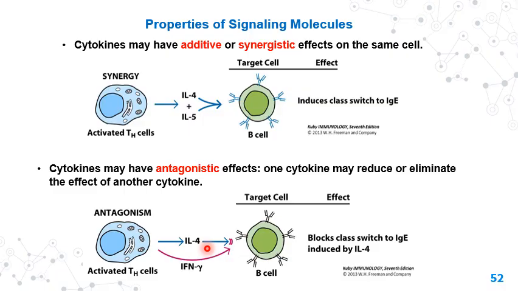Yes, negative. If you have both signals available, the negative one is usually the one that wins. Okay? So antagonistic signals, if both are available, negative one is going to tell the cell not to do anything. Okay? Instead of the other one that is going to tell the cell to do something.